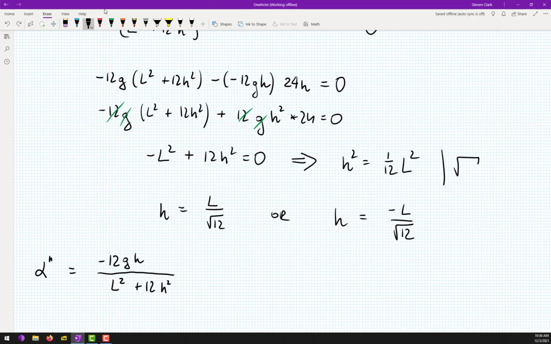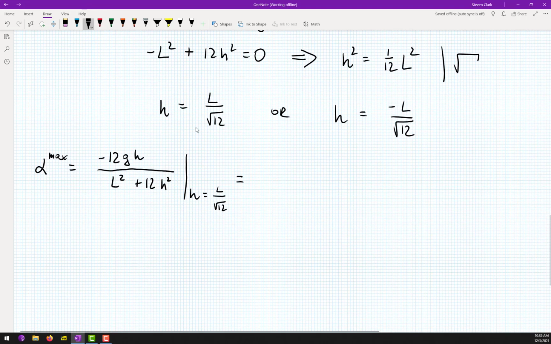So alpha max will be this expression for h equal to L divided by square root of 12. So this will be minus 12g L divided by square root of 12, L squared plus, oh cool, that will cancel out, L squared over 12.